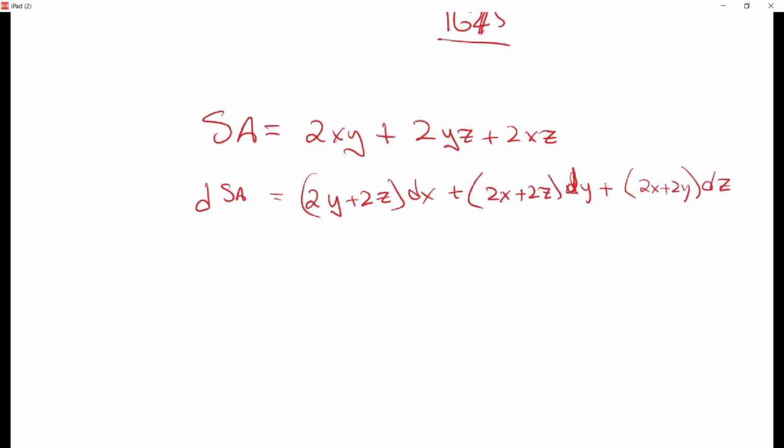And then finally, you're going to plug in x equals 95, or whatever x, y, and z you have. z is 21, and dx equals dy equals dz is this differential. And that'll give you your answer.